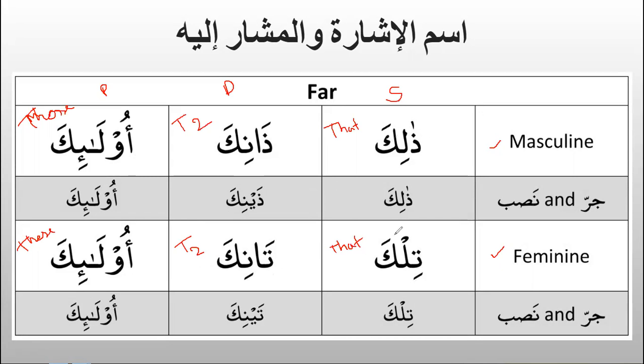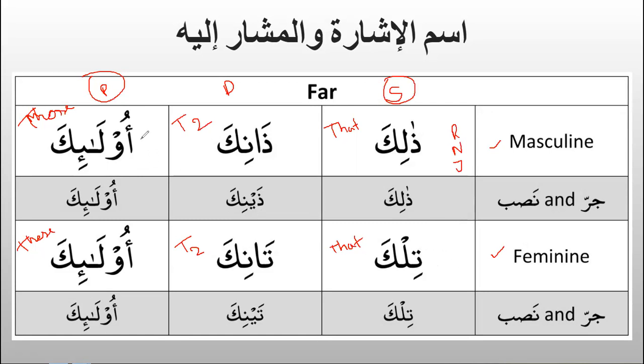Dhalika, tilka, and ulaika, the singular and plural, are non-flexible. So dhalika is the same in rafa, nasab, and jar; tilka is the same; ulaika is the same.